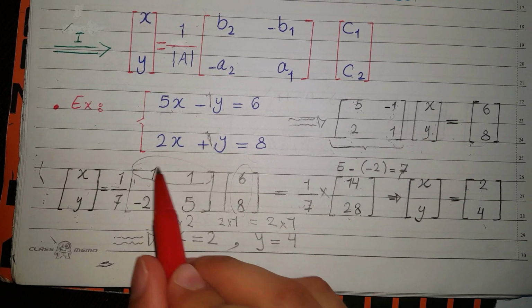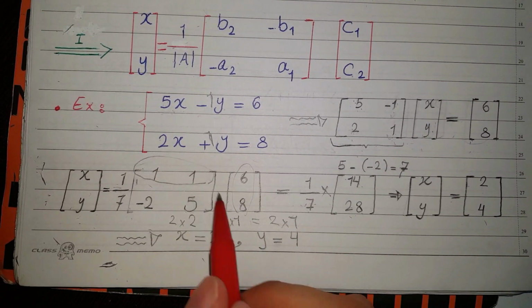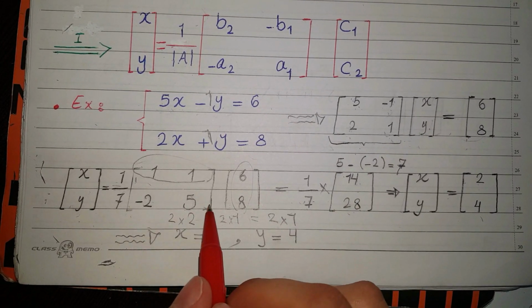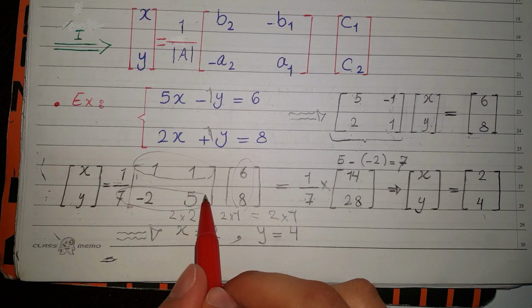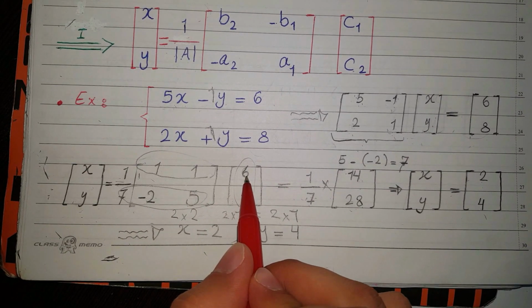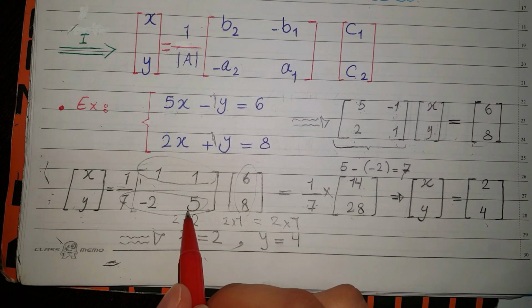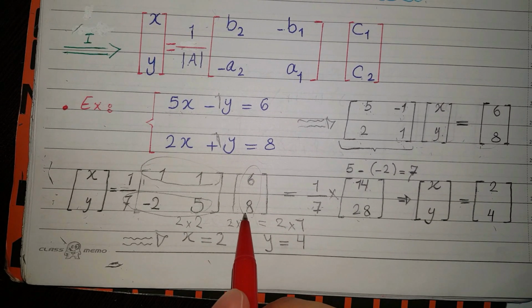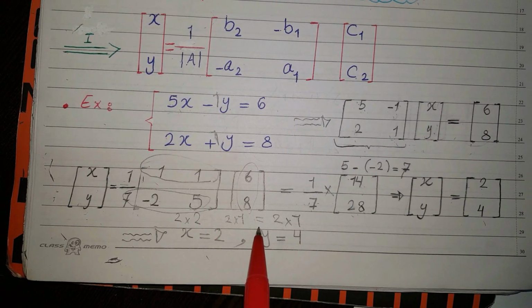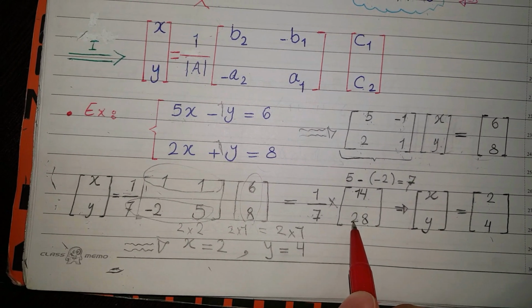It's going to be 1 times 6 plus 1 times 8, overall 14. And again for the second row, it's going to be -2 times 6, which is -12, plus 5 times 8, which is 40, so -12 plus 40 is going to be 28.